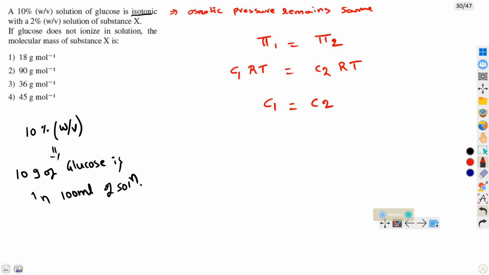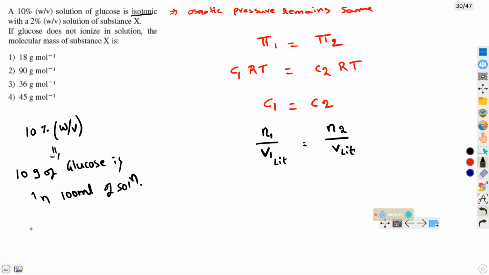C indicates concentration expressed in terms of molarity. Molarity formula: number of moles by volume in terms of liters is equal to number of moles by volume in terms of liters. Now simplify.